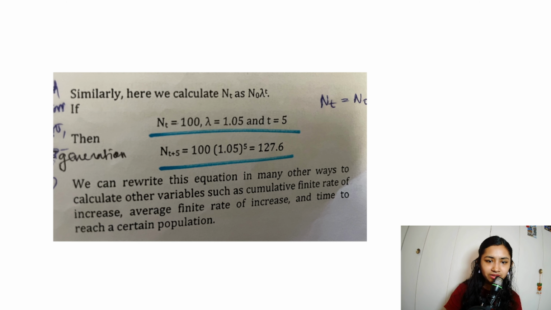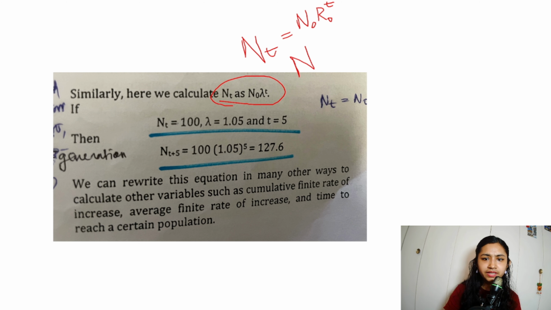The new equation is Nt equal to N0 lambda to the power t. Lambda is very easy to take out. If you know the population in generation 1 and the population in generation 2, you can easily take out lambda.